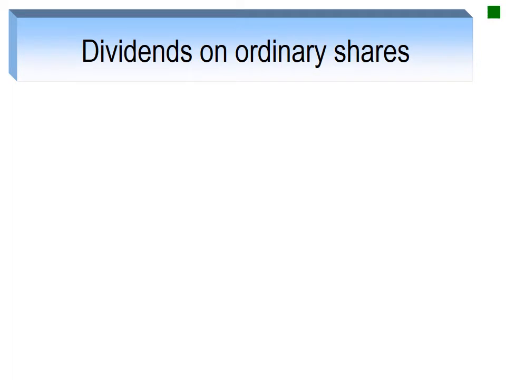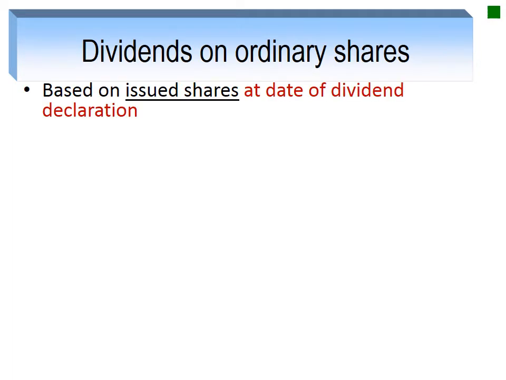So I'm first going to talk about dividends on ordinary shares. When a company declares a dividend, the dividends are going to be paid based on the shares that are in issue at the date of the dividend declaration.